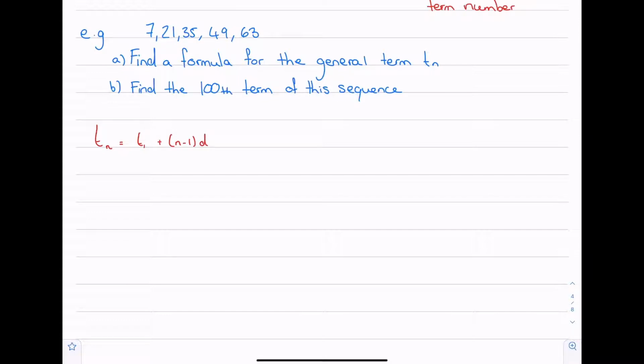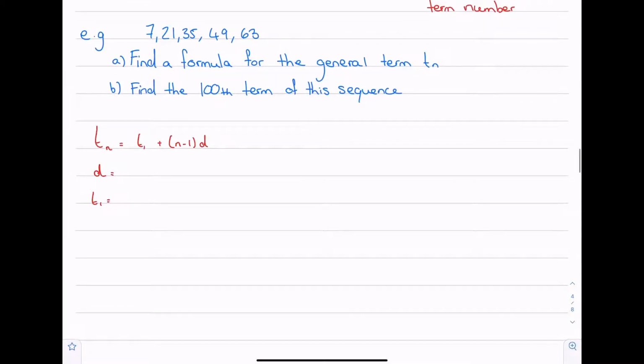The things we need to know for the general term formula are d and T1. We don't need to know n because it alters depending on which term you're looking for. If we look at the sequence we've been given, we can instantly find T1, which is the first term here, 7.